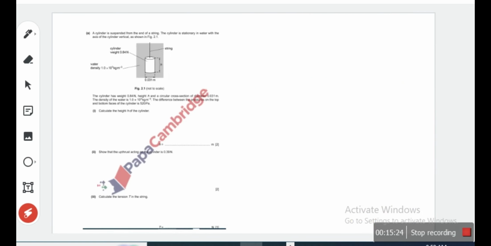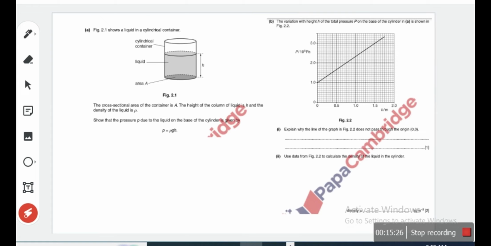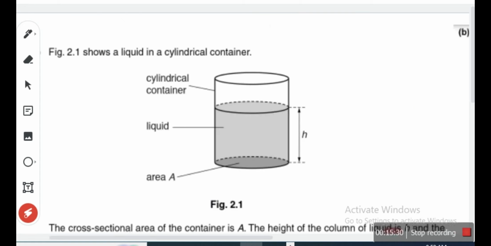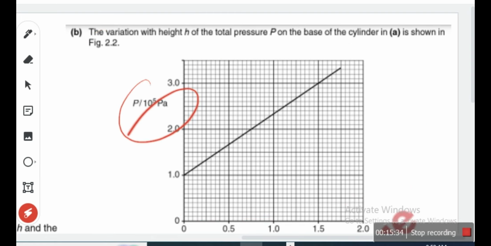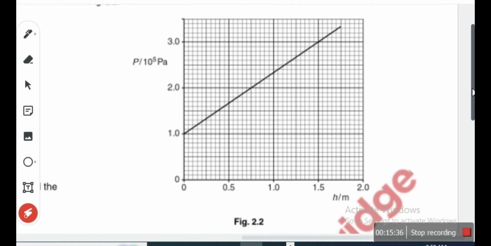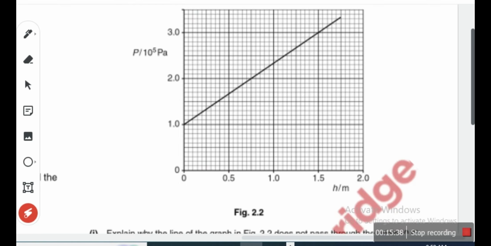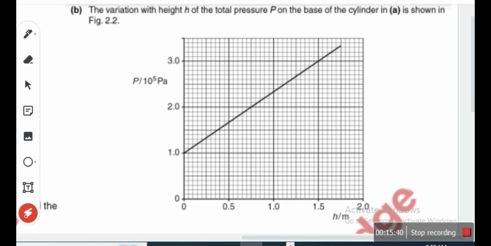And the second question is saying what? Every other thing given, you'll be able to do that. Then it says pressure is plotted against height. That says the variation of the total pressure with the height h is shown.